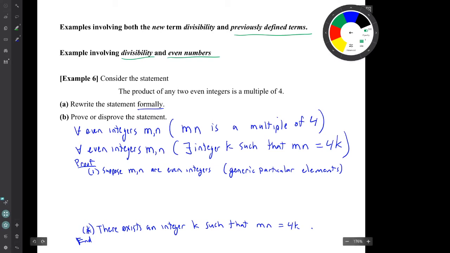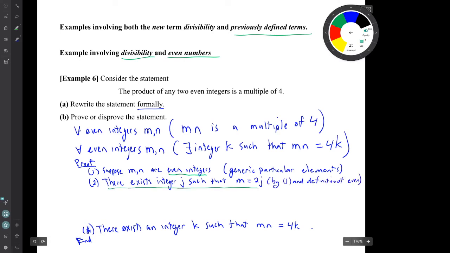The first statement involves a defined term, so we have to unpack that defined term. So statement 2: there exists an integer j such that m is equal to 2j. That's just by statement 1 and the definition of even. So we've unpacked that defined term.